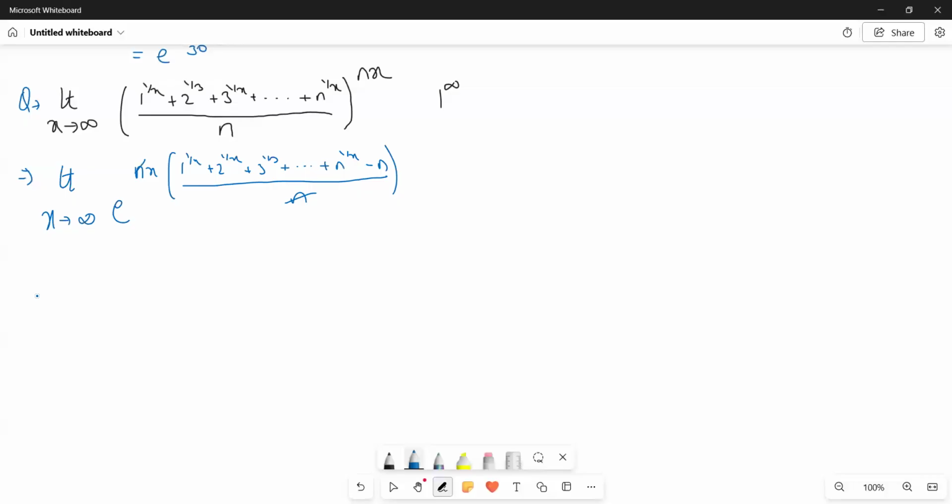Now to solve this further, we convert this into standard limits. e to the power 1 to the power 1 by x minus 1 plus 2 to the power 1 by x minus 1 plus 3 to the power 1 by x minus 1 going all the way up till n to the power 1 by x minus 1. And here we have given the x to all of them as 1 by x.